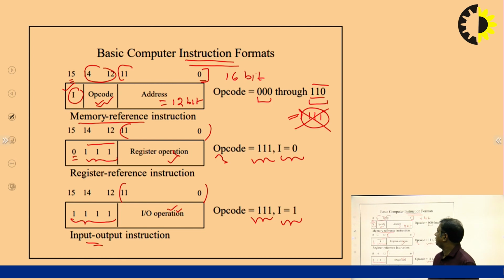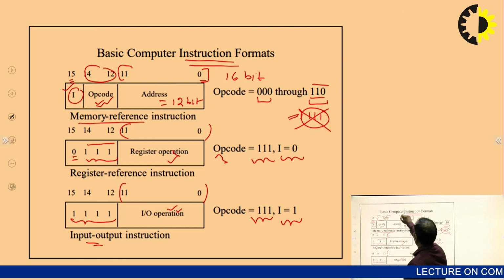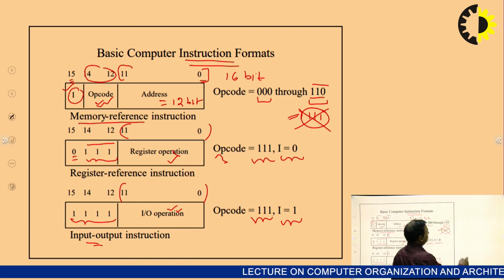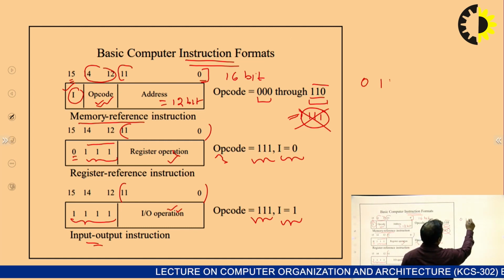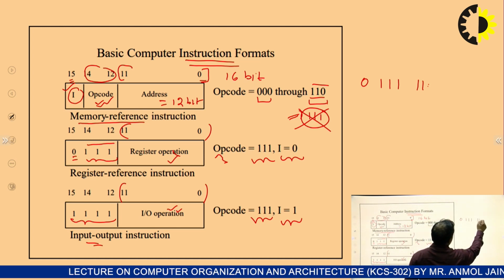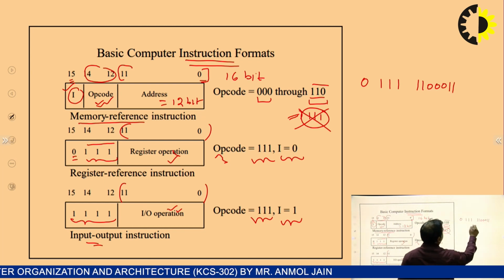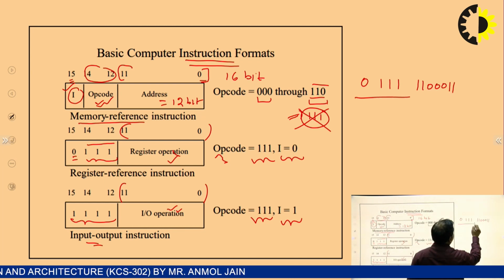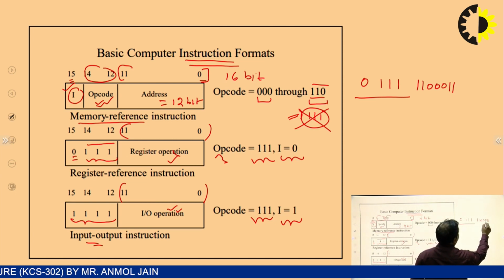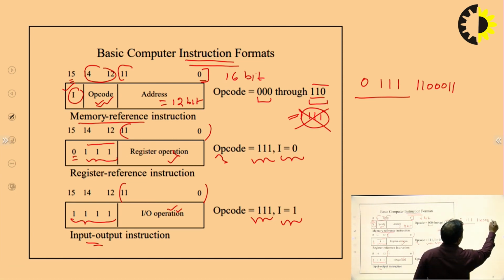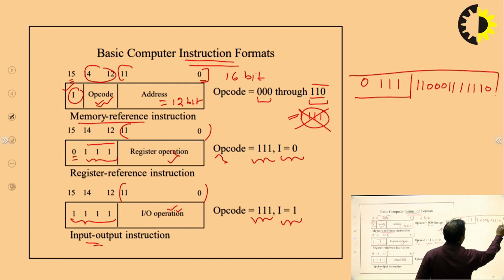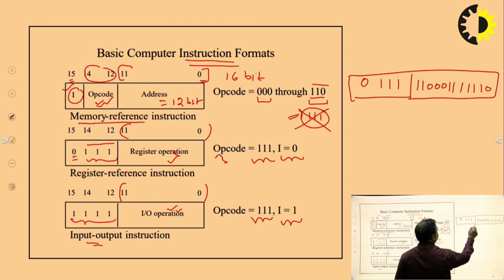For example, suppose the computer creates an instruction with the binary number 0 1 1 1 1 1 0 0 0 1 1, with bit positions numbered up to 12. So suppose the computer generates an instruction binary code.